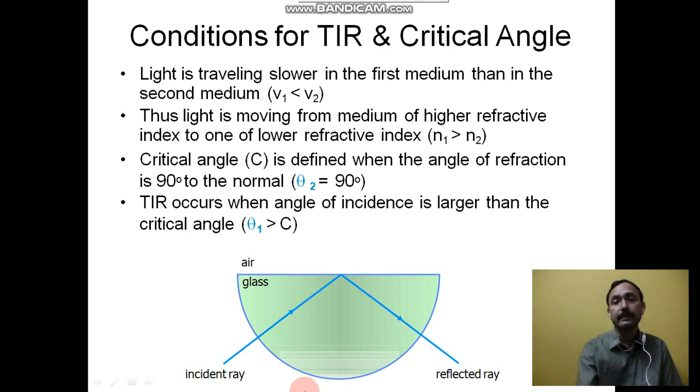If this is the direction of the refracted ray, then theta 2 is 90 degrees. So we represent the critical angle as C, and theta 2, the refracted angle, is 90 degrees.